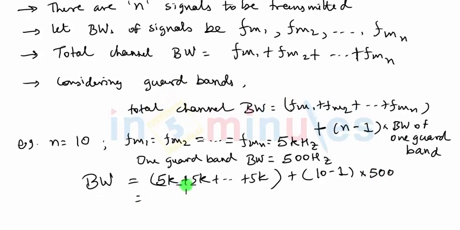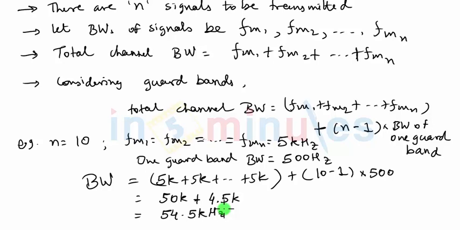So 5k into 10 will become 50 kilohertz total, and here it will be 9 into 500, which will be 4500 hertz or 4.5k. So total bandwidth required will be 54.5 kilohertz. This is the total channel bandwidth required, or the total bandwidth of the composite signal that will be traveling through the communication channel.